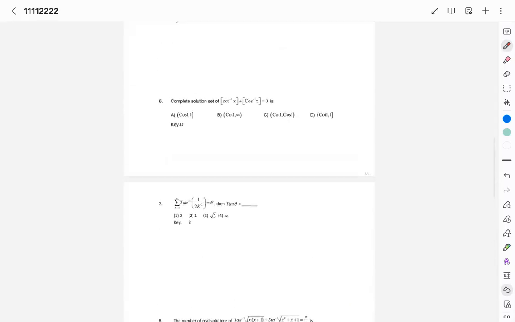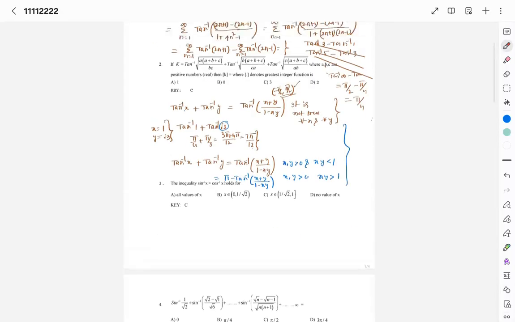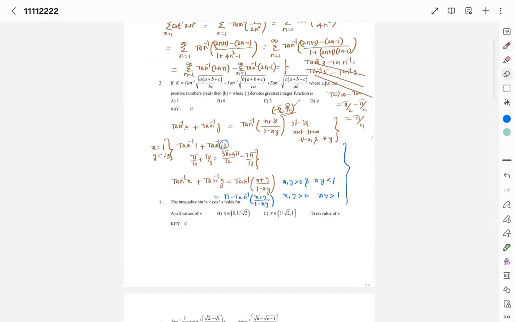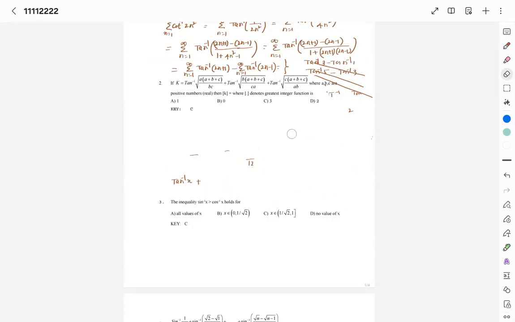So this and the first question are the same, just in direct form. Now coming to this question. You take x as root of a into a plus b plus c by bc, and y as root of b into a plus b plus c by ca.